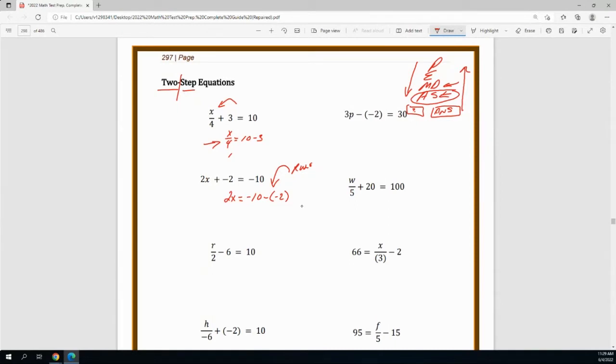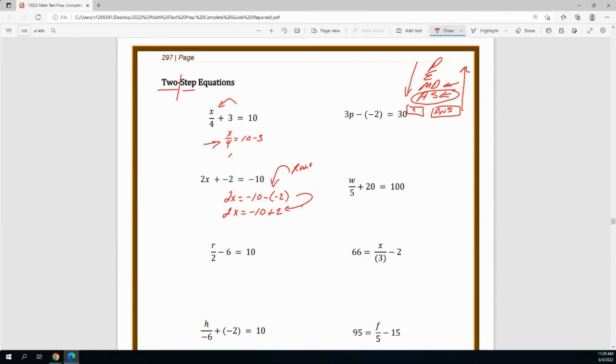So if you'd like to, you can rewrite so that you don't get confused. And that's what I'm going to do. I'm just going to rewrite it. Did I change anything? No. All I did was apply the rule so that I could visually see plus 2 for myself. And hopefully I don't get confused when I'm combining.